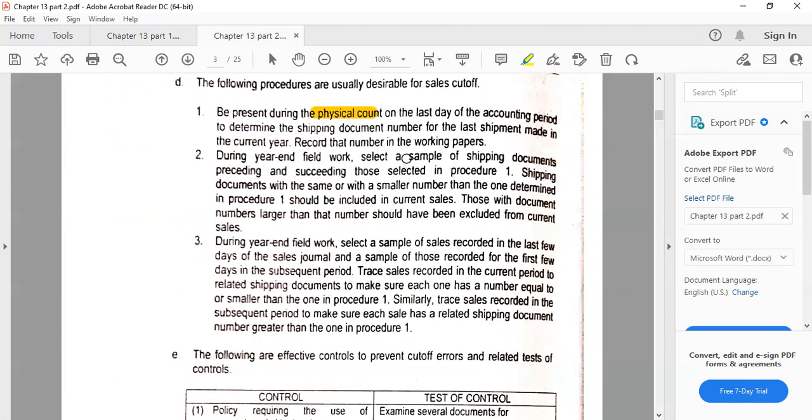During year-end fieldwork, select a sample of shipping documents preceding and succeeding those selected in procedure number 1. During year-end fieldwork, select a sample of sales recorded in the last few days of the sales journal and a sample of those recorded for the first few days in the subsequent period.